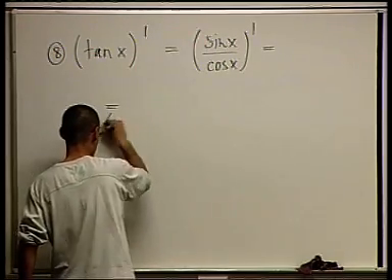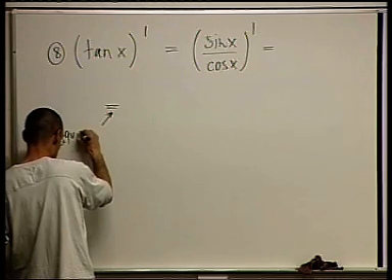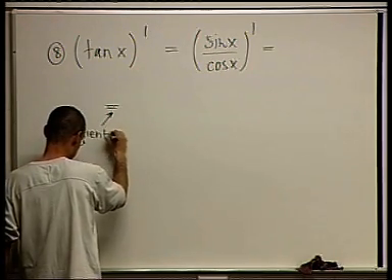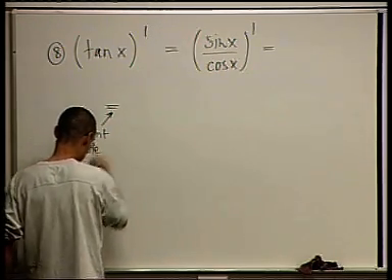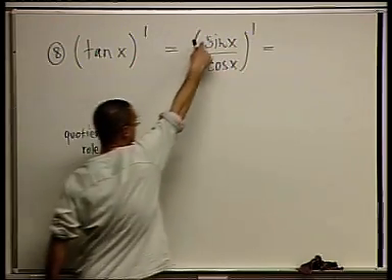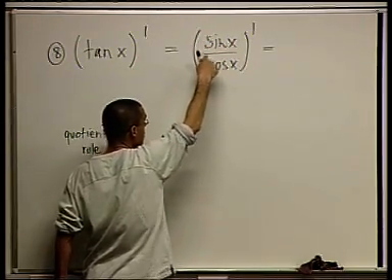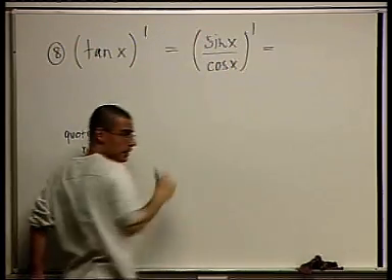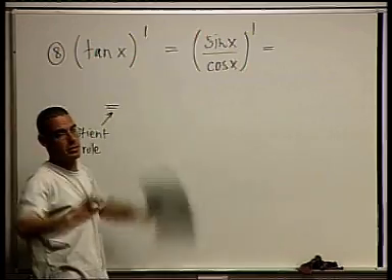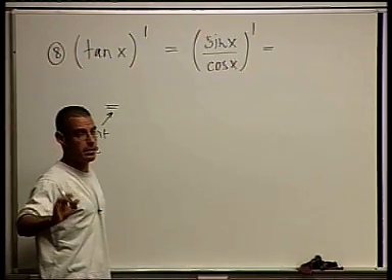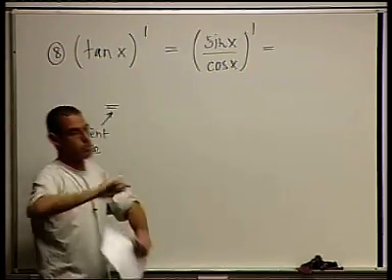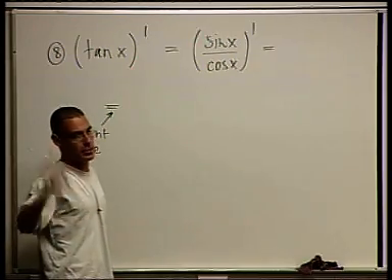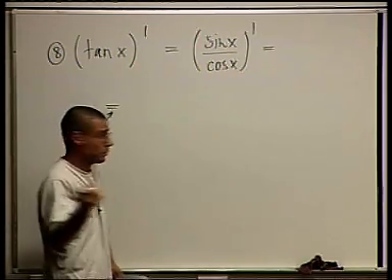So now I'm going to use the quotient rule for derivatives. So this is f, this is g. It's f prime g minus g prime f divided by g squared. That you just have to remember. If you don't remember that, just say it to yourself 15 times until you remember it. You just have to remember it.